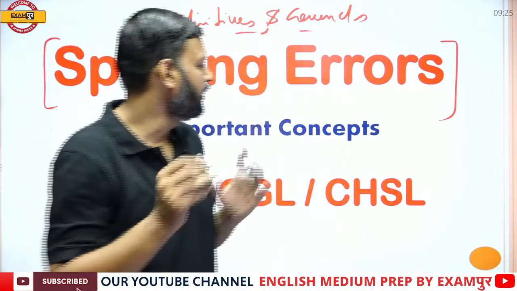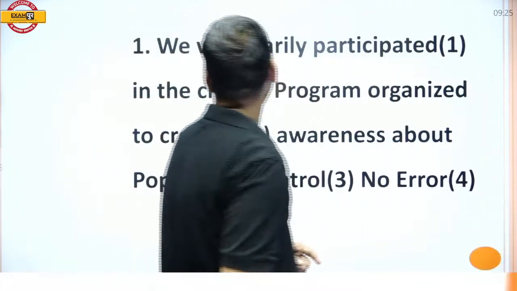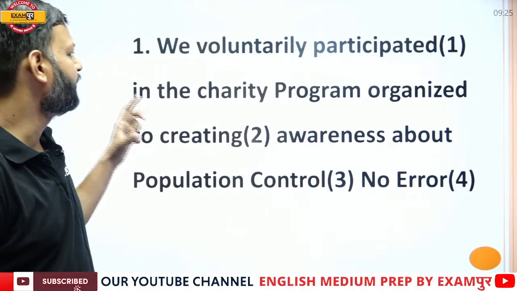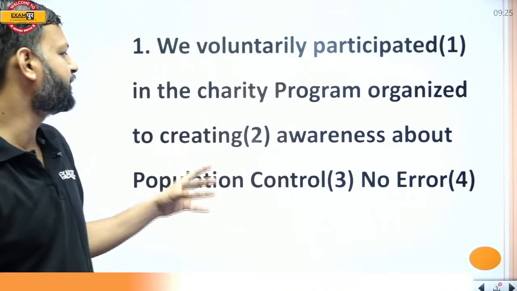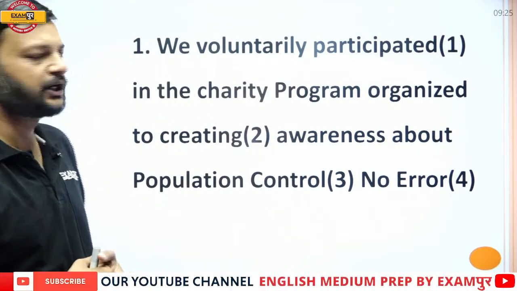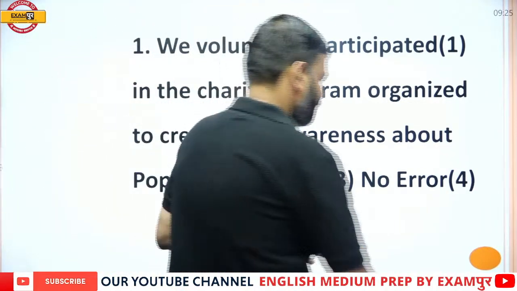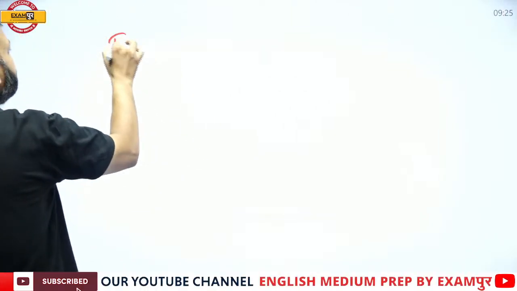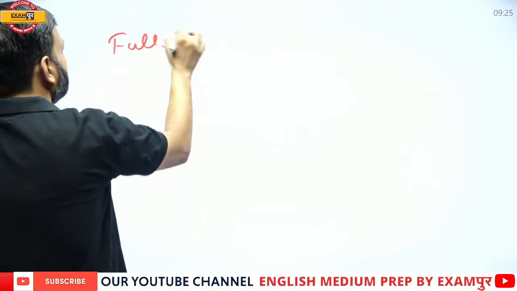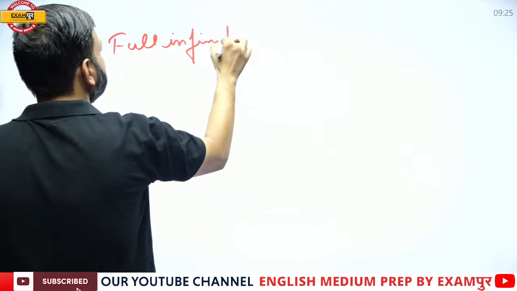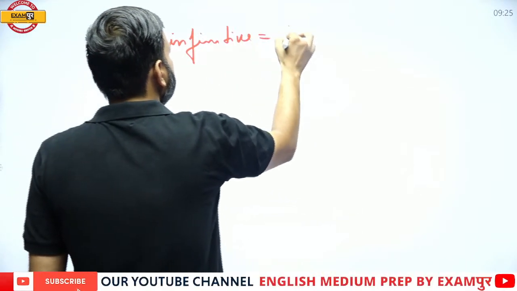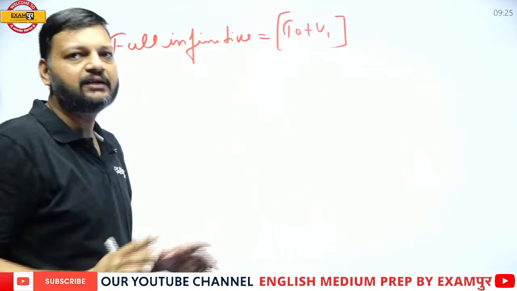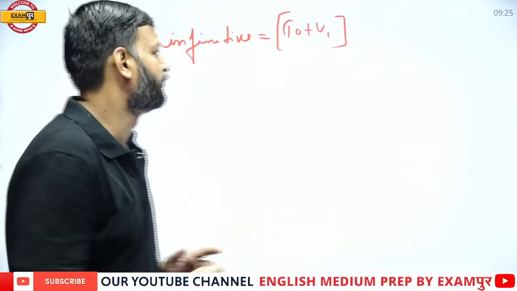Right, guys, let's see our first question. We voluntarily participated in the charity program organized to creating awareness about population control. Before starting this, I would like you to know that full infinitive means to plus first form of verb.